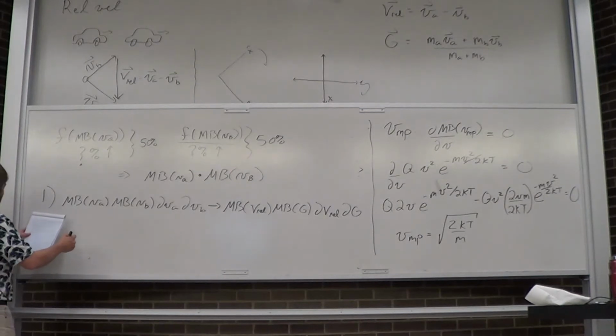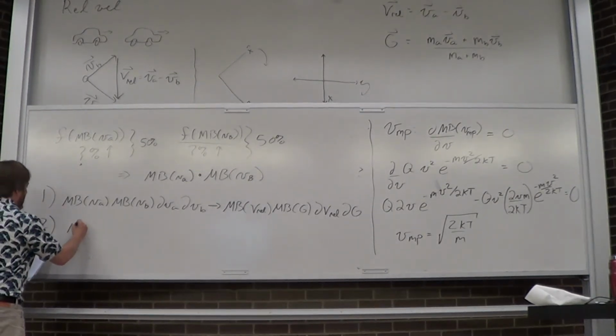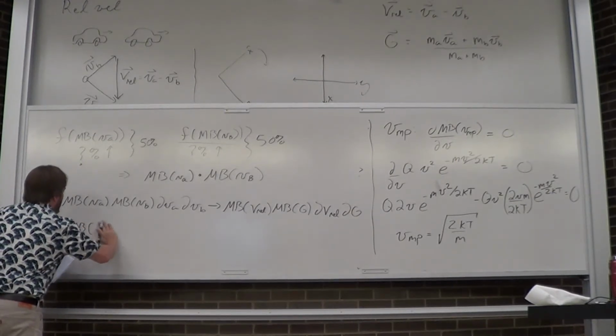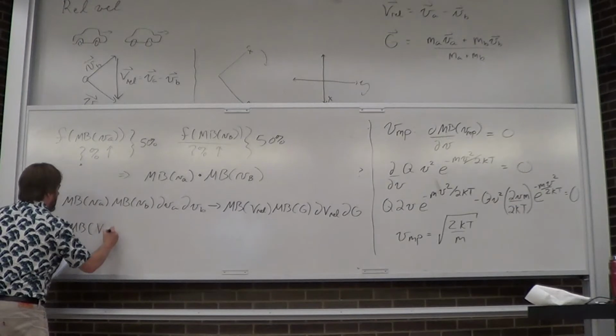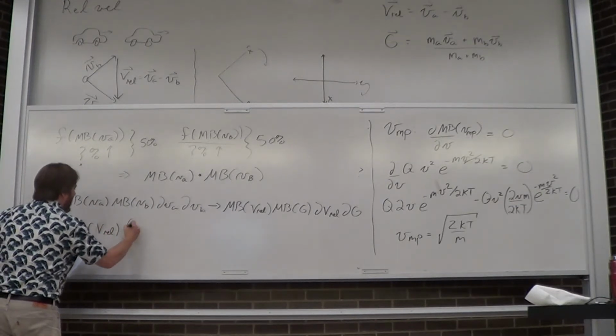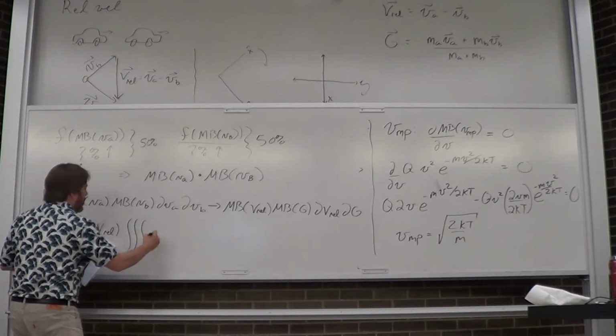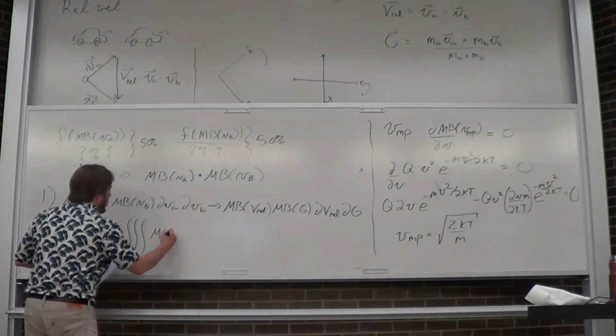Next step is you're going to integrate. You've got the relative velocity, and the trick is you're going to integrate out, and you've got to remember that you're actually in 3 dimensions.